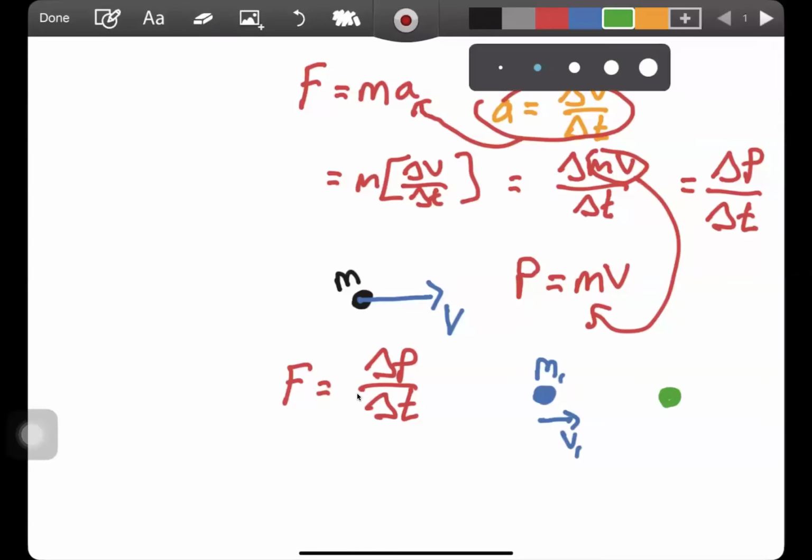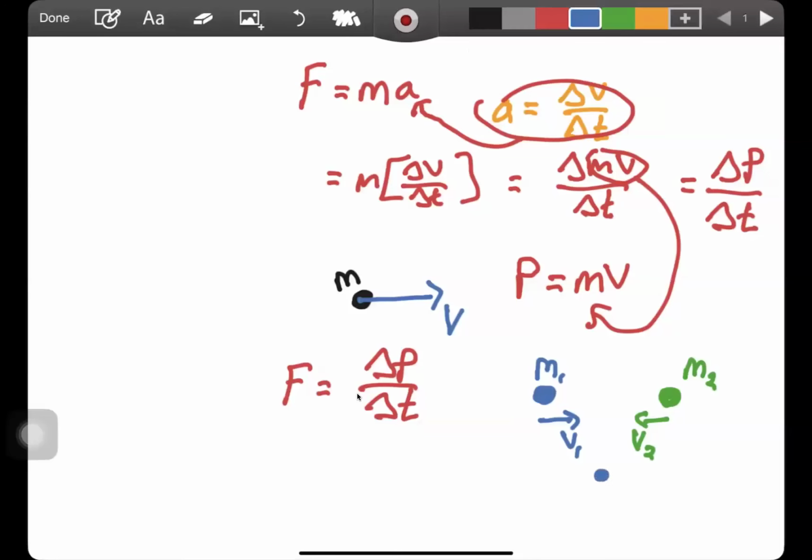And let's say this mass is mass m2 and it is moving to the left with some velocity v2. So let's imagine that these masses keep moving towards each other until they get to some point where they collide. And then at some later point, they're going to bounce back in the opposite directions.